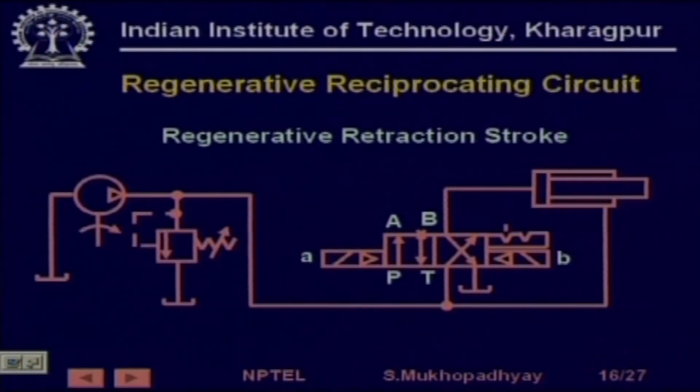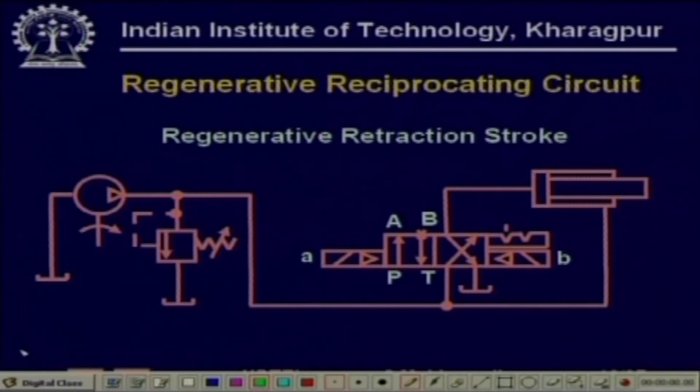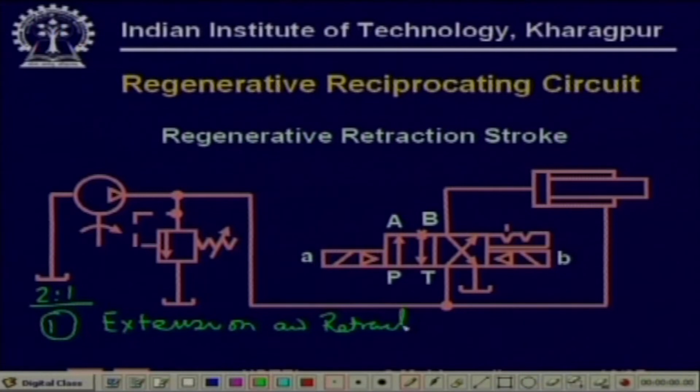In fact, this can be a nice exercise, that there are two things that will happen. Number 1 is that, let us say 2:1 area ratio, then you will find that the extension and retraction speeds are the same, but they are not going to be the same for other area ratios.